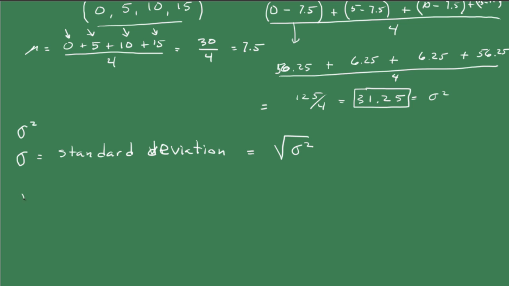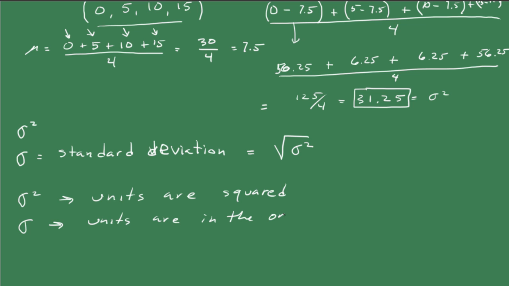Another important thing to remember about variance is that in variance our units are also squared. So I'll put this down. Units are squared. Whereas with standard deviation, our units are in the original units.